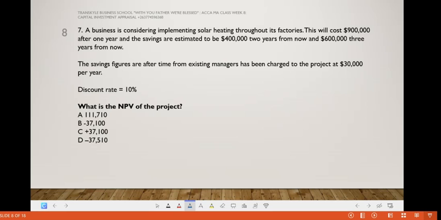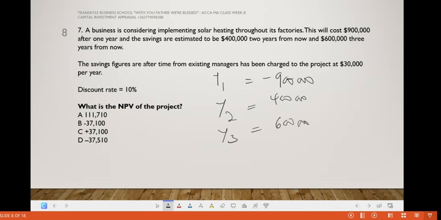So we are going to have a situation where in year 1 we are having outflow, 900,000. Then year 2 we are having inflow, that is 400,000 positive, and year 3 we're going to have 600,000 positive.